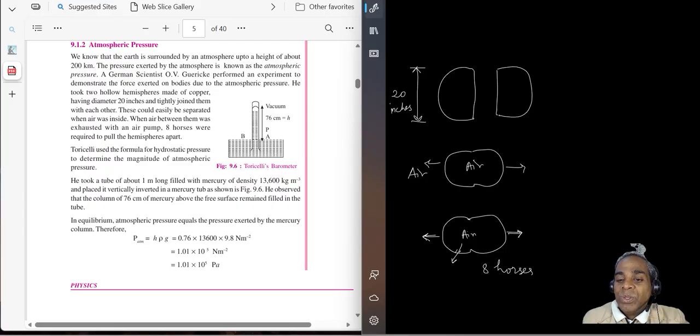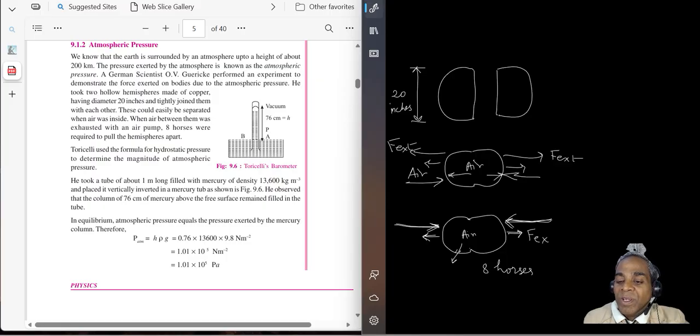That tells you that the force exerted by the atmosphere or the air outside, initially it was balanced by the force exerted by the air inside. That's why it was easier to separate them. Less force was required to pull it apart, right? But when you removed the air inside, there is only the force or pressure exerted by the air outside, which is trying to bind these two hemispheres.